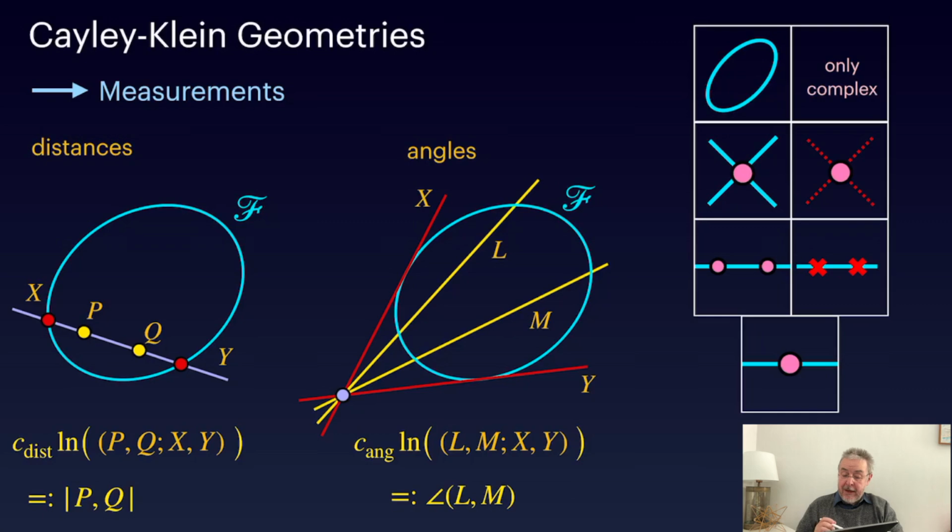When we classified primal dual pairs, I told you there are 7 possible ways of getting a primal dual conic up to projective invariance. I already told you that this conic here corresponds to Euclidean geometry, considered as a Cayley Klein geometry. And all the other possibilities here correspond to other types of geometry.